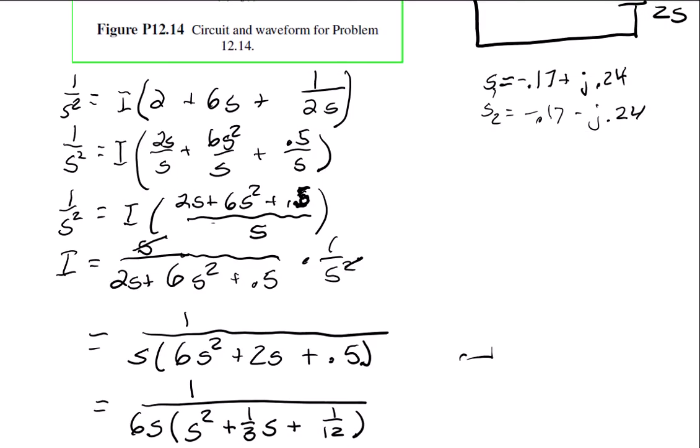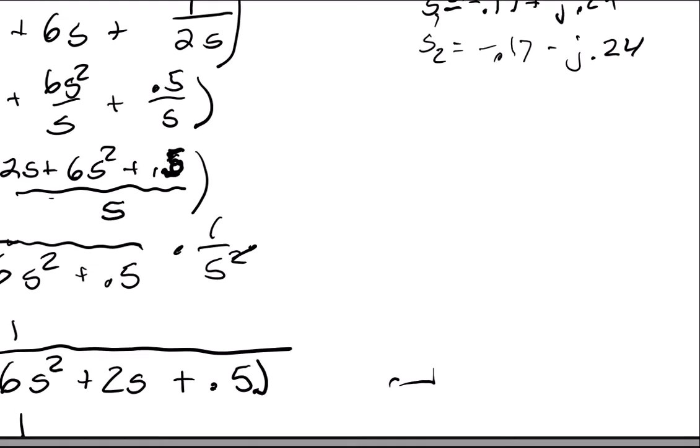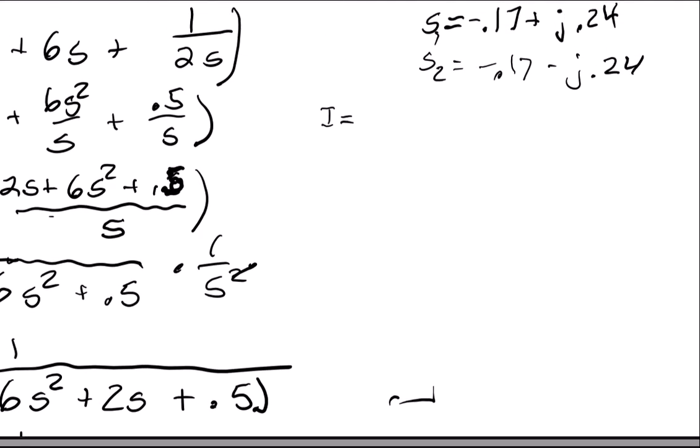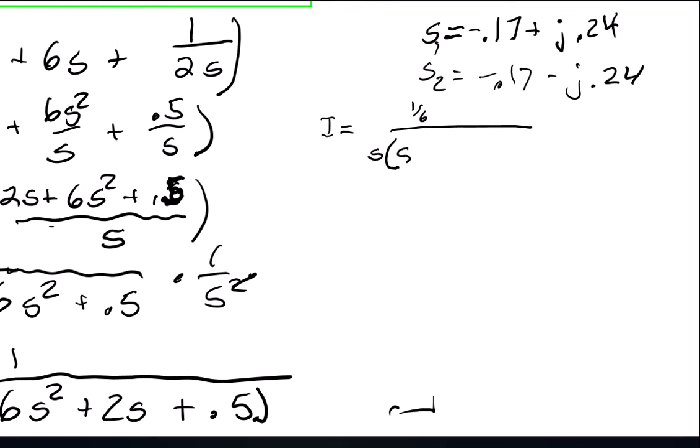Okay, so that tells me then that this factors, so I have I equals, it factors into, let's see, I took out a 6, so I'm going to bring that 1/6 on top. So 1/6 over S times S minus this first one, so minus 0.17. Actually, when I do minus, it'll become plus. So plus 0.17 minus J 0.24.